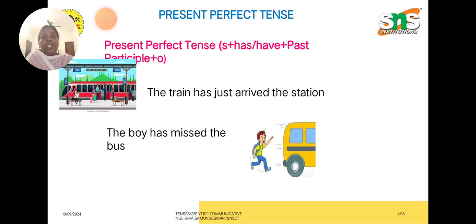Don't bother about when the action started. The train might have started from Mumbai or Chennai, so don't bother about the previous action. The present perfect tense denotes the completeness of an action at the time of speaking. We used to say, just now I had my lunch, or just now I have submitted my assignment. These can be quoted as references for the present perfect tense.